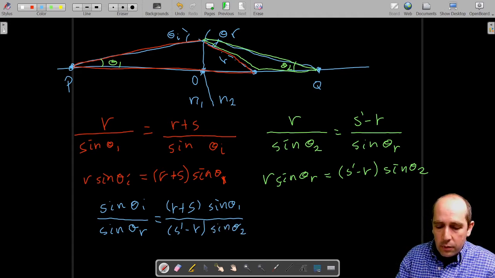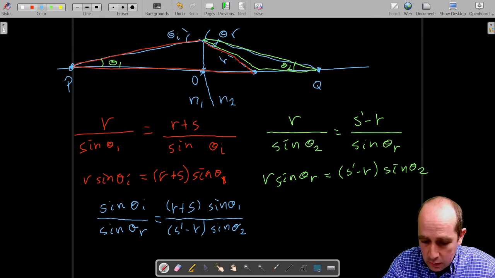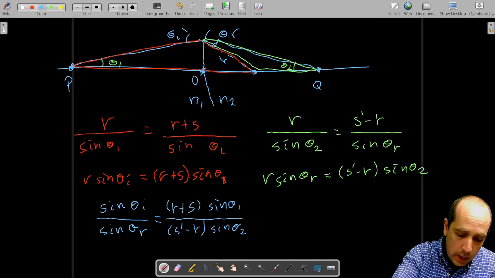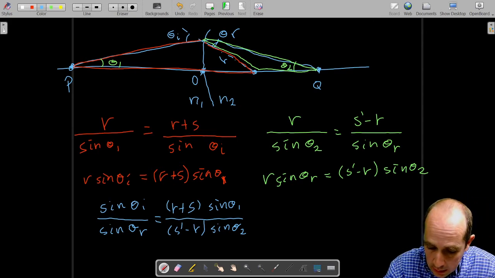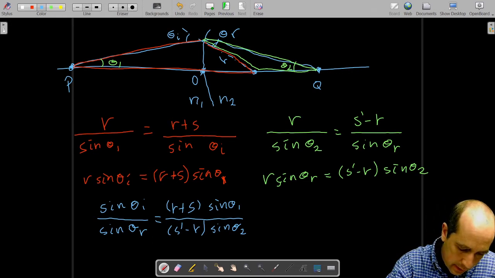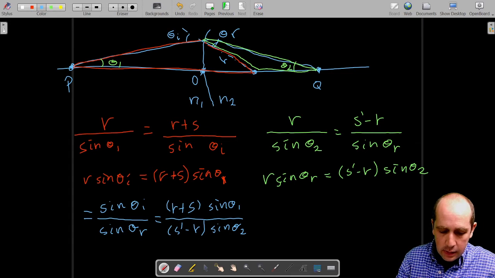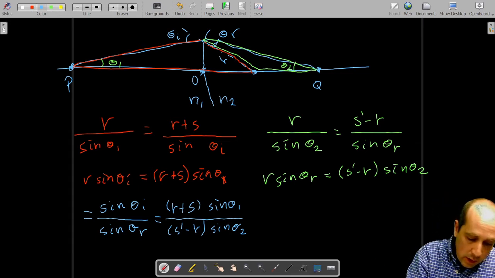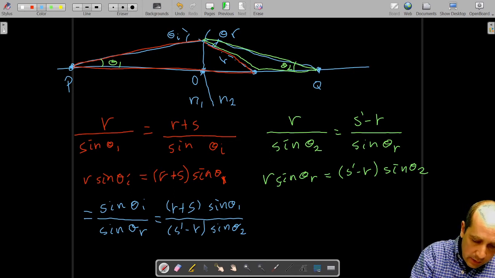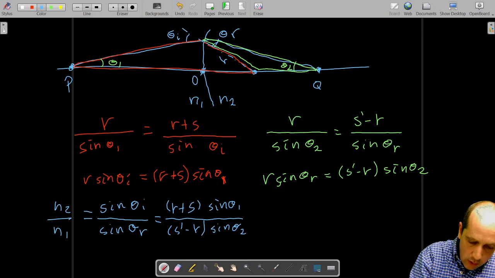Now let's remember from Snell's law, which we covered in the previous lecture. We know that sine of the incident angle divided by sine of the refracted angle will be the ratio of the two refractive indices, so we have n2 divided by n1.